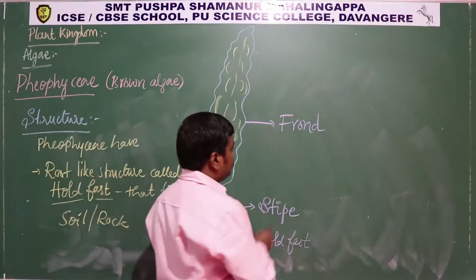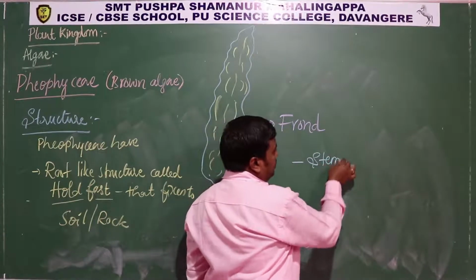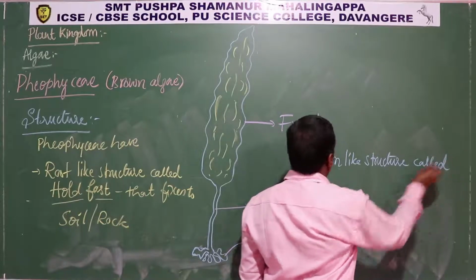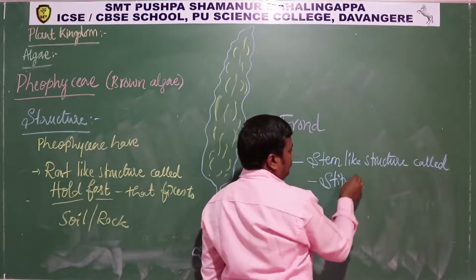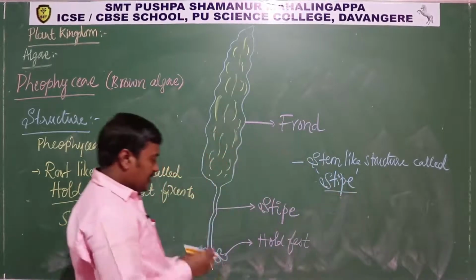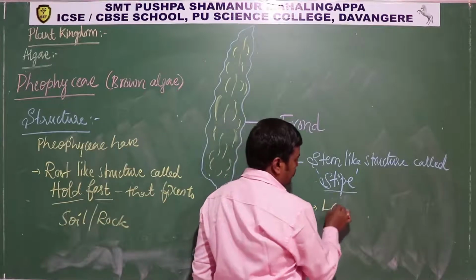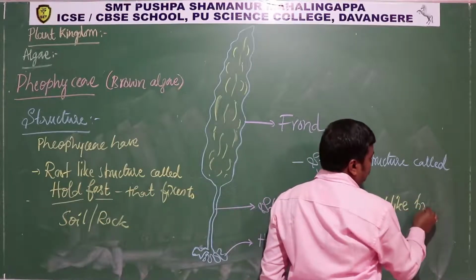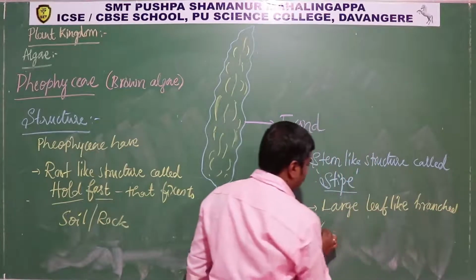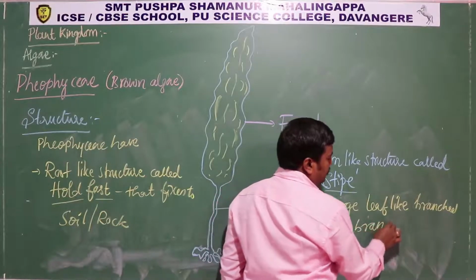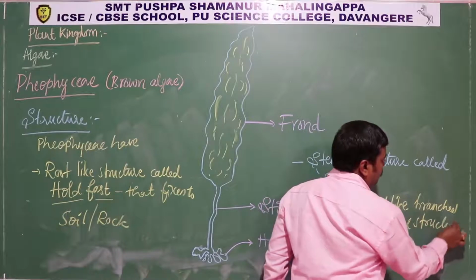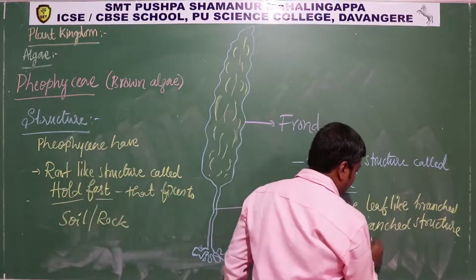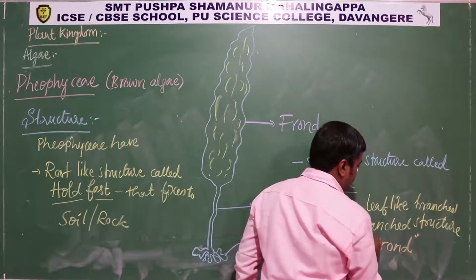Then a stem-like structure called stipe, and a large leaf-like, branched or unbranched structure called frond.